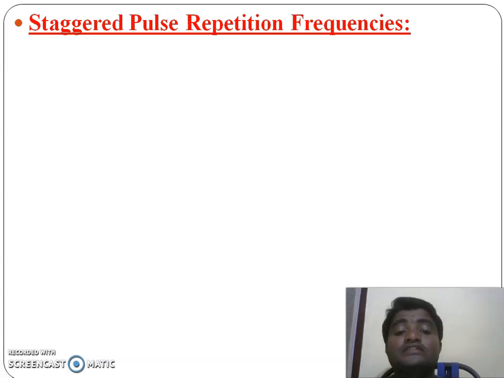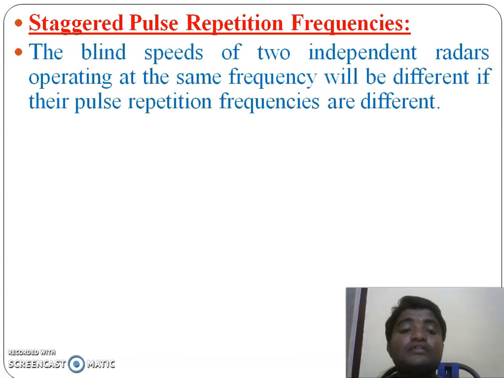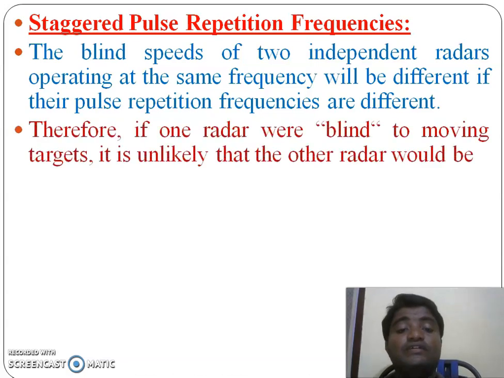And the next concept is staggered pulse repetition frequencies. Suppose the blind speeds of two independent radars operating at the same frequency will be different if the pulse repetition frequencies are different.